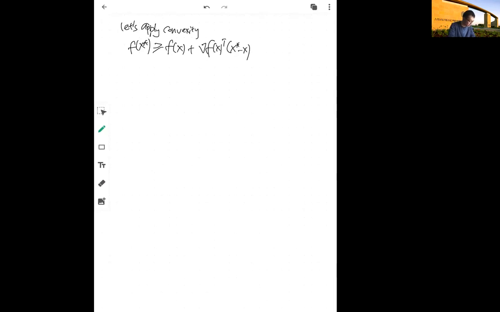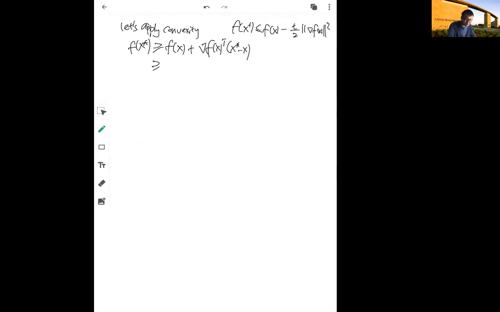Okay, so now let's apply the descent lemma. By the descent lemma, we know that f of x plus is smaller than f of x minus half t the gradient of f at x squared.